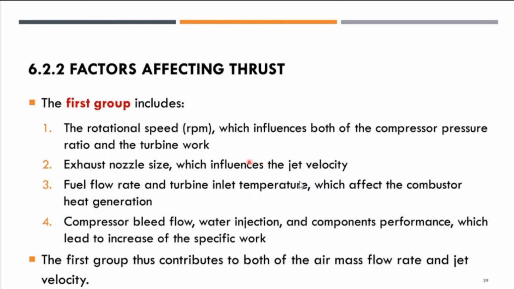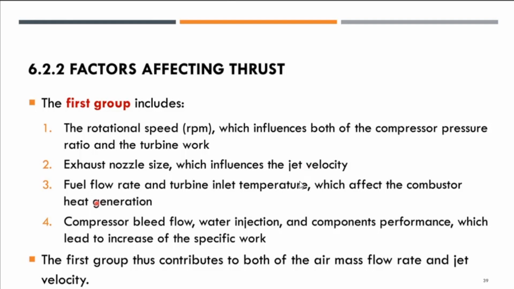We have four factors. The first one is rotational speed, RPM, including the compressor as well as the turbine, which influences the compressor pressure ratio and the turbine work related to the rotational speed itself. Then the exhaust nozzle size, A, which influences the jet velocity, right? A will influence UE.